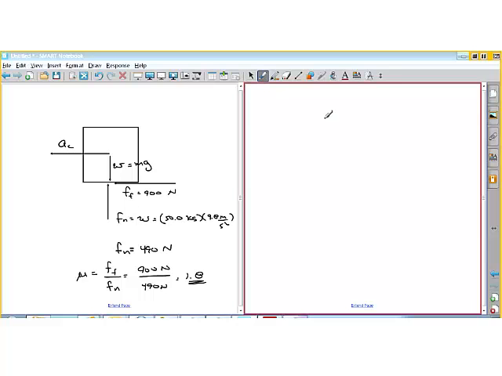So let's just assume mu is 1, which is pretty large anyway. The corresponding friction force would be 1 times the normal force, which is 490. So that's all the force you can get from friction, and we need 900.